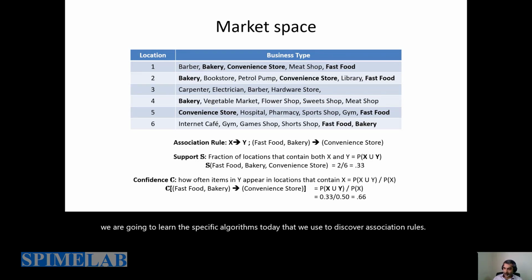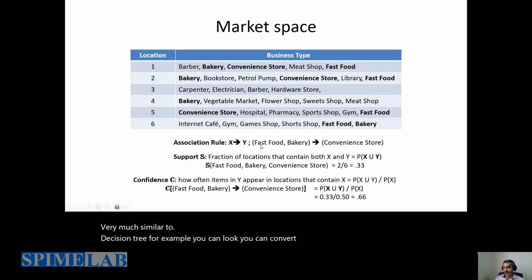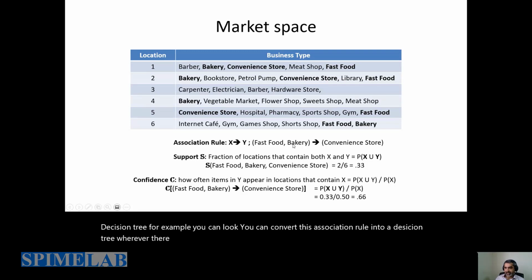Okay. But very interesting observation, that word that you said, it's very much similar to decision tree. For example, you can convert this association rule into a decision tree. Wherever there is fast food and bakery, there it will be a convenience store with the support 0.33 and confidence 0.66.